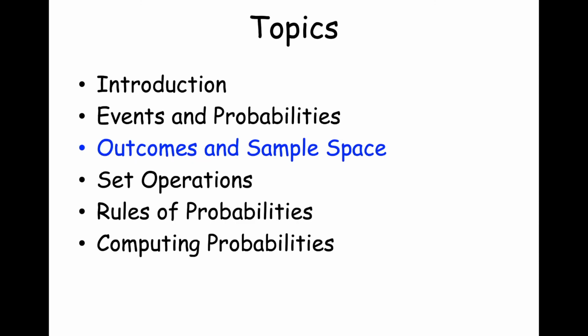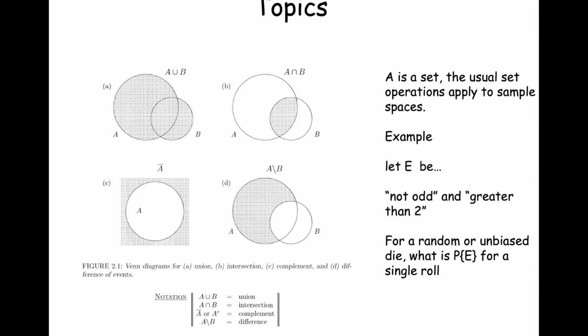Okay, so let's continue on with our conversation and look at set operations. So let's define two sets, A and B, and an event is in a set, and our event, which we'll generically call E, we could say for the roll of a die that E is equal to this statement, not odd.